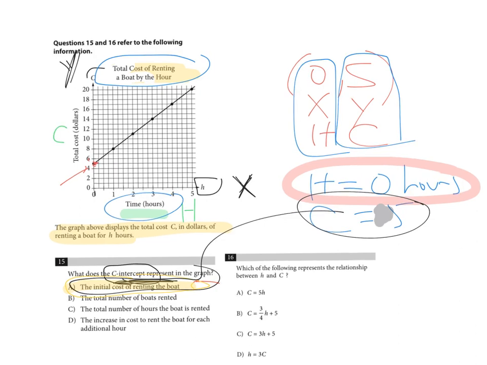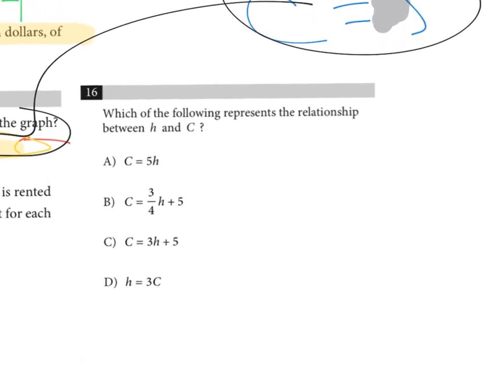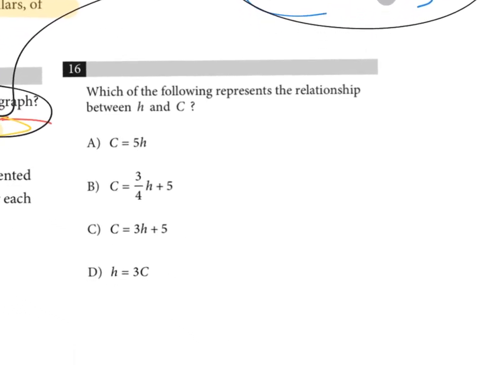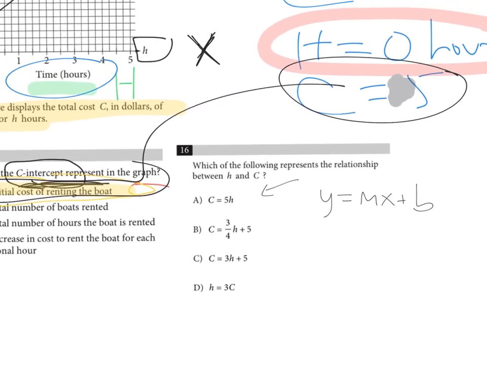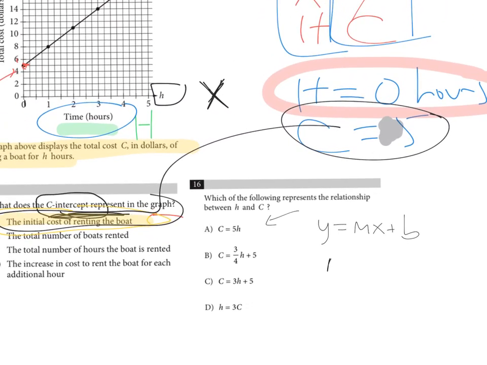Number 16, which of the following represents the relationship between H and C? And they're giving you 4 equations. This goes back to geometry, when you had to write the equation of the line, y equals mx plus b. We have to look at this line and come up with m, the slope, and b, the y-intercept of the line.